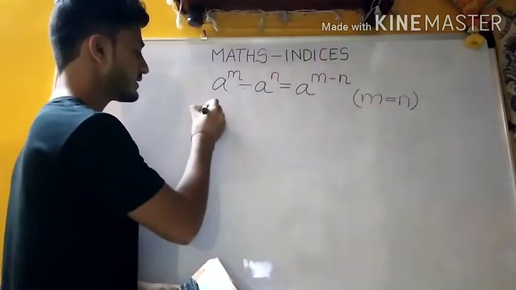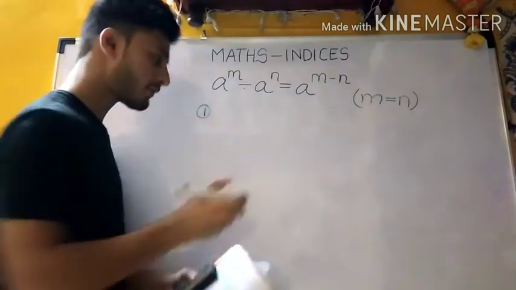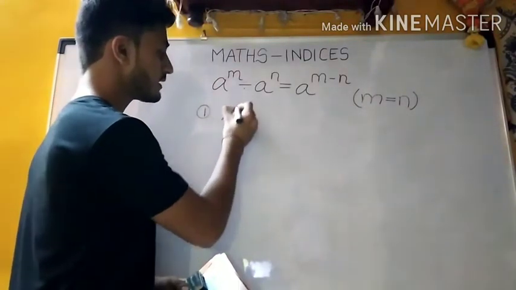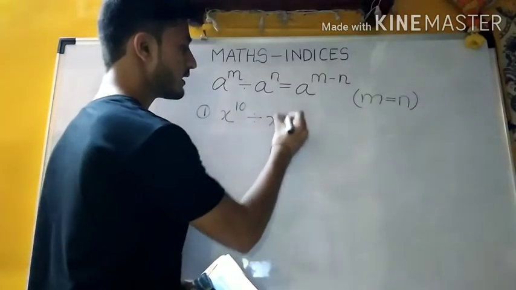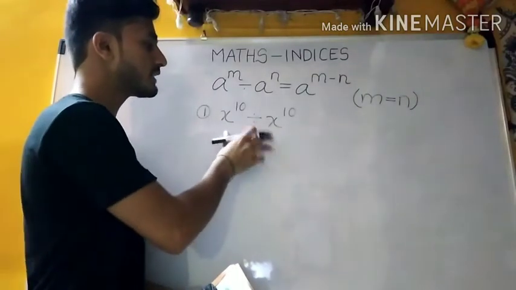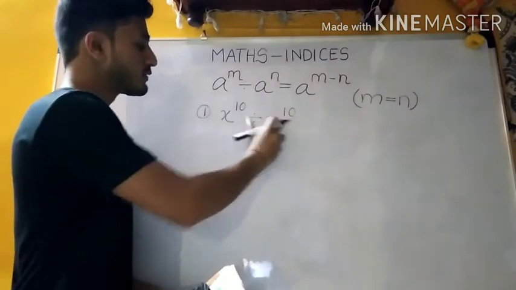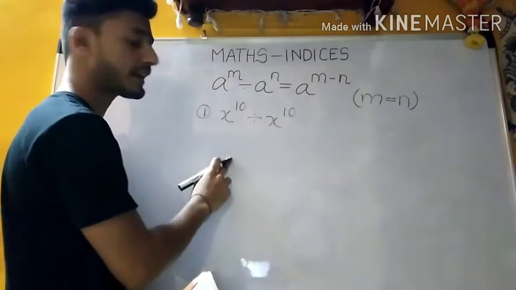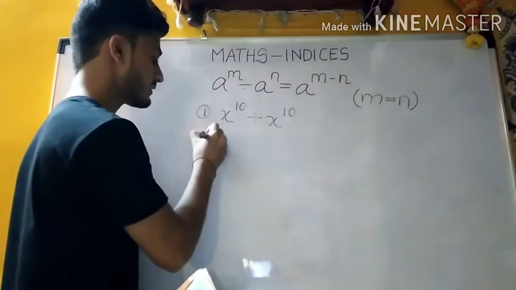We will solve this example with the help of a question. x raised to the power 10 divided by x raised to the power 10. If you observe this, here m and n, both the powers are equal. Now we will first write the formula which we are going to use. Since it is division, we will use the division indices.